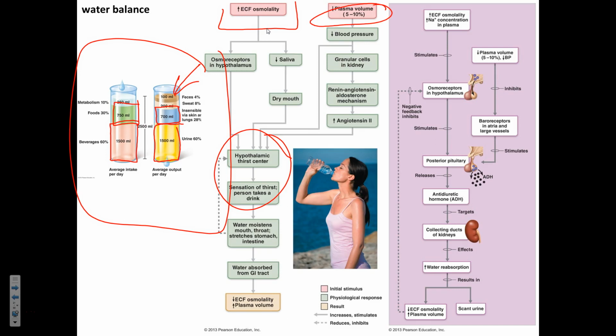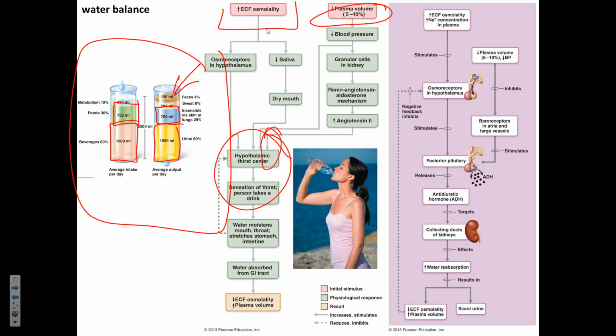Plasma volume. When you dehydrate, the volume of plasma goes down. What happens to your blood pressure? It decreases. What happens to granular cells in kidneys? What do they release? Renin. Renin activates the angiotensin-aldosterone system. Aldosterone is released.